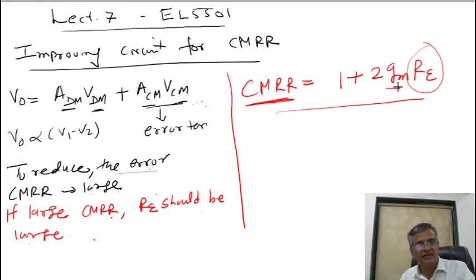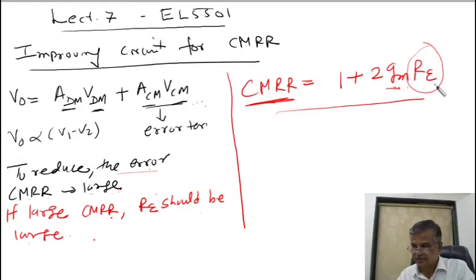GM is the inherent property of the differential amplifier. Once it is fabricated, once it is designed, its GM is fixed. Now you cannot change it. You can change the RE. So this equation shows that to have a large value of CMRR, RE should be large.